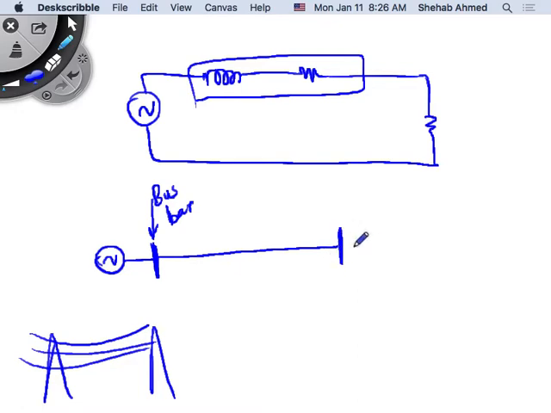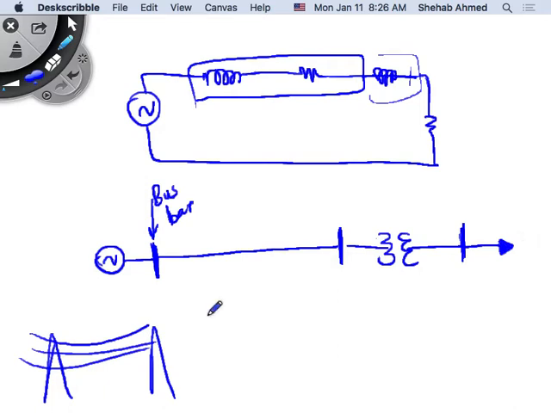And this, let me complicate it a little bit more. Let me add another inductor here. So this inductance here, for example, we will make represent a transformer, right? And then this resistance here, we will make represent your house, for example.